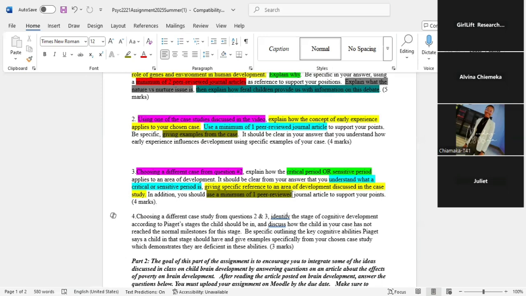Yes, that's my point. You should support the points, but I think she meant that too. I like the emphasis, Juliet, because it's not just using one, it's to support your point. So you must have points before you support. So I agree with you just for the purpose of emphasis, but I know that Alvina meant so too.